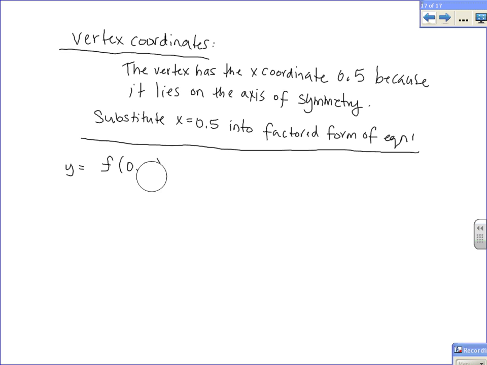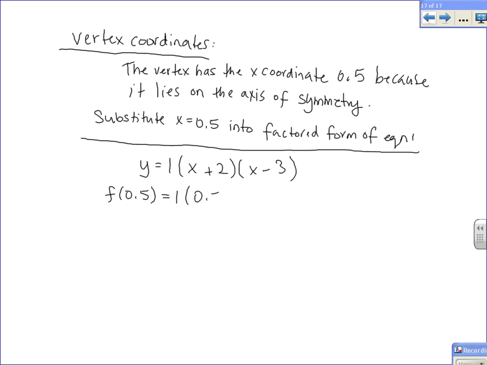Before I do that, I'm just going to quickly write here is my factored form. I had y equal to 1 times (x plus 2) times (x minus 3). There's my factored form. I'm going to simply put in a 0.5 everywhere I see an x. So that's going to look like this: 1 times (0.5 plus 2) times (0.5 minus 3).